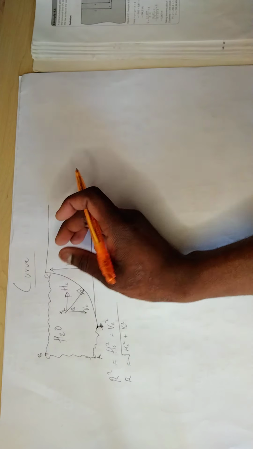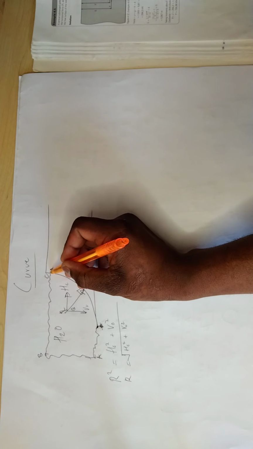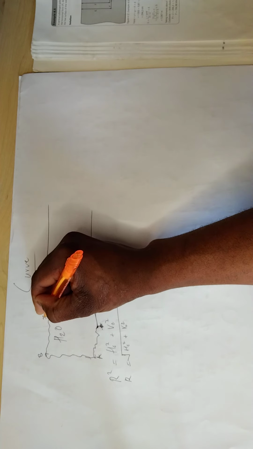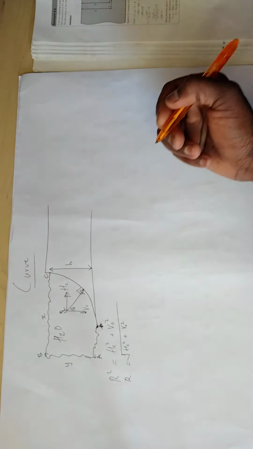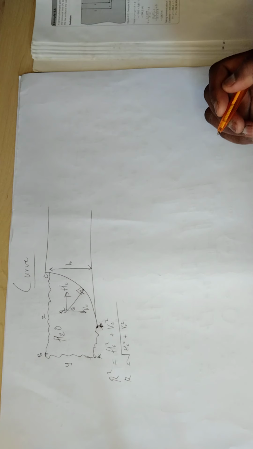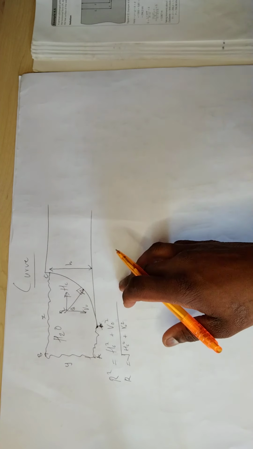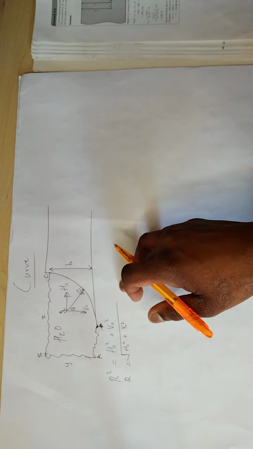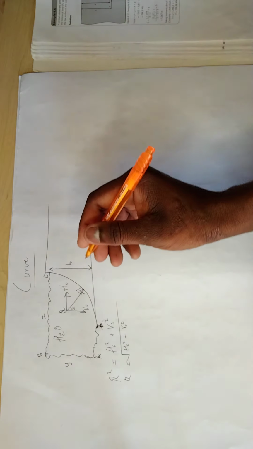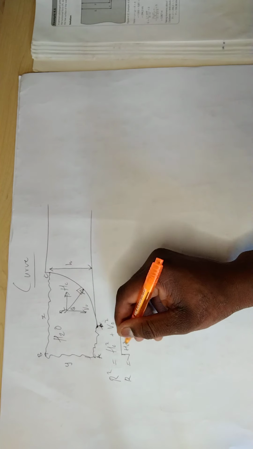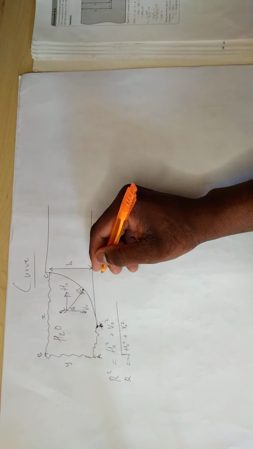And here we're going to have a distance from the surface top to where the area ends. We're going to have an X, and from A to B we're going to have Y. This is what we're going to have on our diagram.